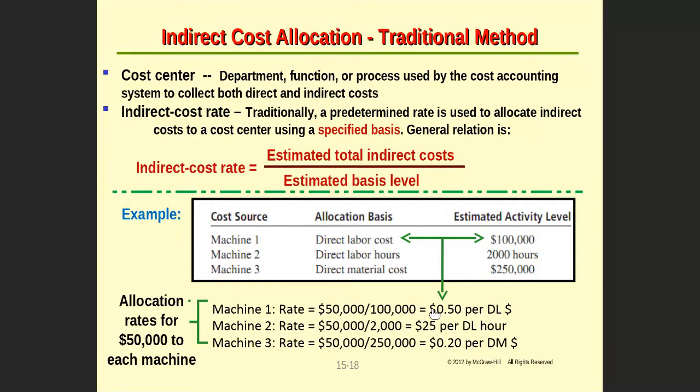For the second machine, when you divide the indirect cost over the 2,000, you will get $25 per hour for labor. And for machine 3, since the basis was the material cost, when you divide the indirect cost on the basis of the material, it will be 50,000 divided by 250,000, which will be 20 cents, or $0.2 per the material cost.